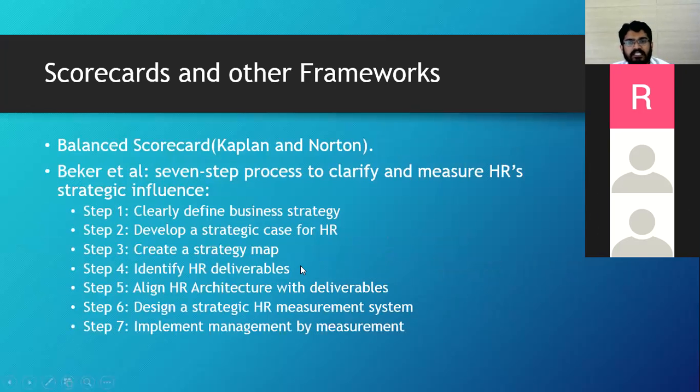We also tried to understand what a balanced scorecard is: the metrics used to measure the performance of an organization in terms of 4 factors: marketing, learning and development, internal business, and finance.